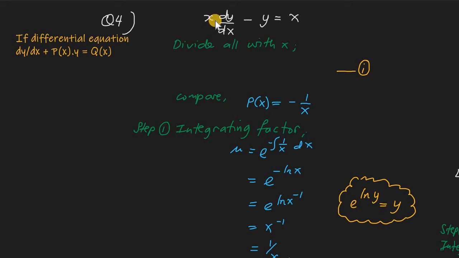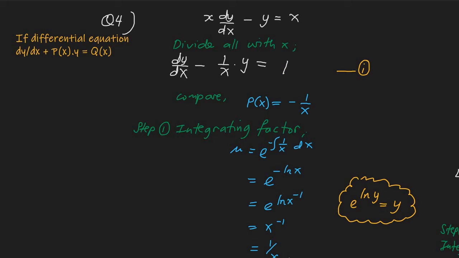Here we have x, so to get the dy/dx we need to divide all terms by x. So we have dy/dx minus 1 on x times y, and on the right side, x divided by x, which is 1.